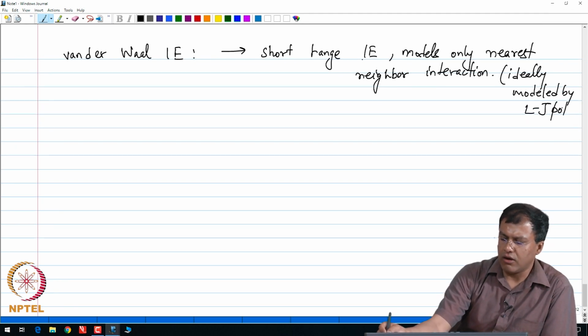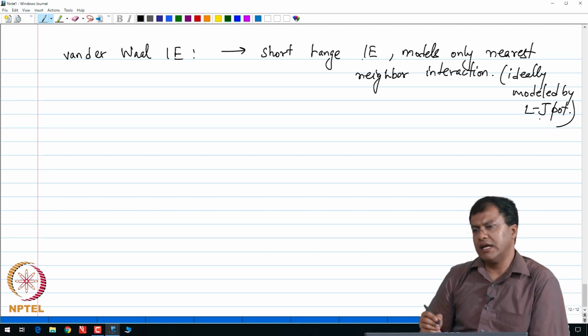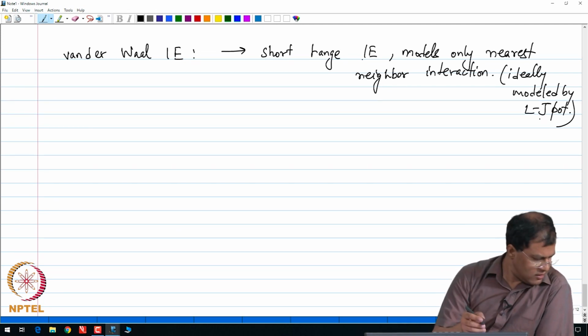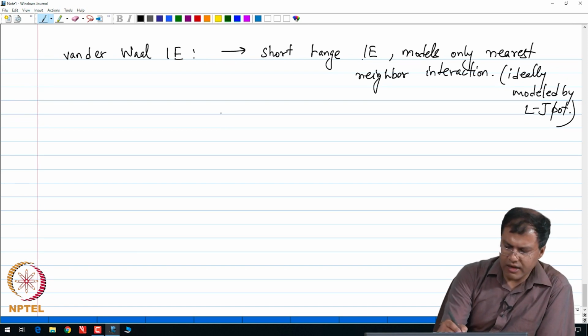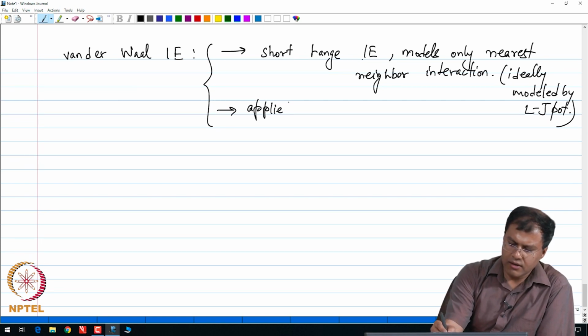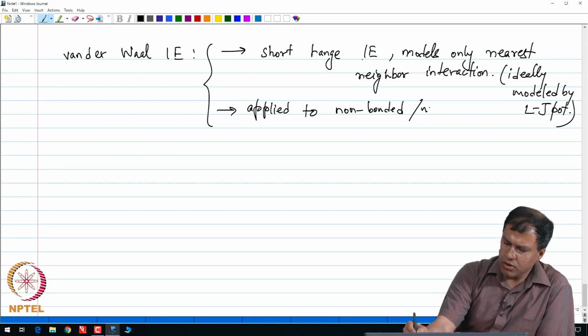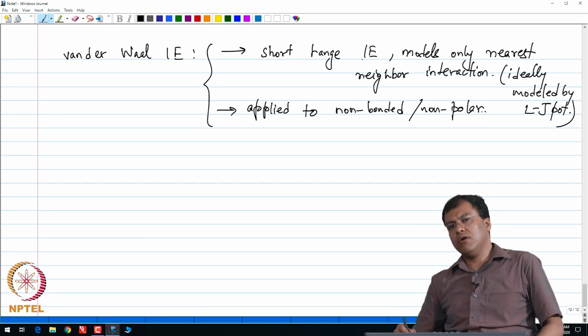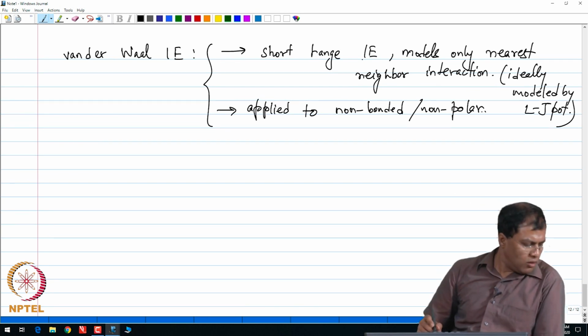We have seen that all these properties of van der Waals interaction are quite appropriately captured by LJ potentials. Okay. And these van der Waals interaction energies are typically applied to non-bonded, non-polar structures. Okay. So, these are very different from ionic interactions or covalent interactions.